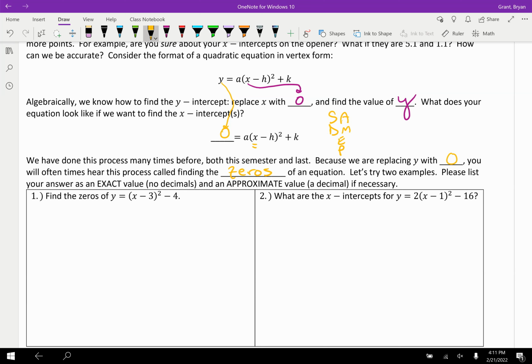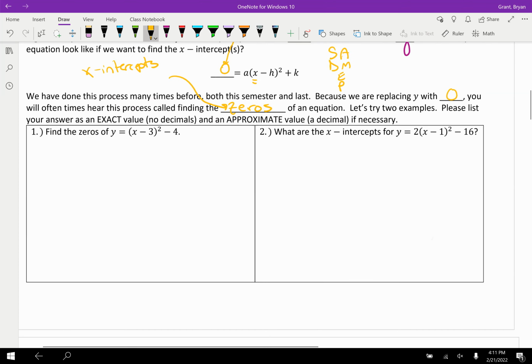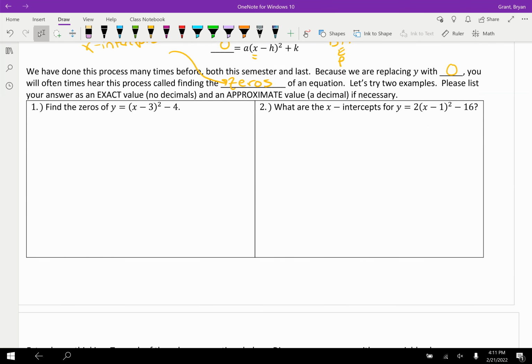So if someone says, I'd like you to find the zeros of this quadratic, what they really mean are the x-intercepts. And if you want to notate that on your paper, that's probably a good idea. So we're going to try 2 examples. Please go ahead and list your answer as an exact value, that means no decimals, and an approximate value if necessary. And you'll see what that means, I think, when we get to problem 2.